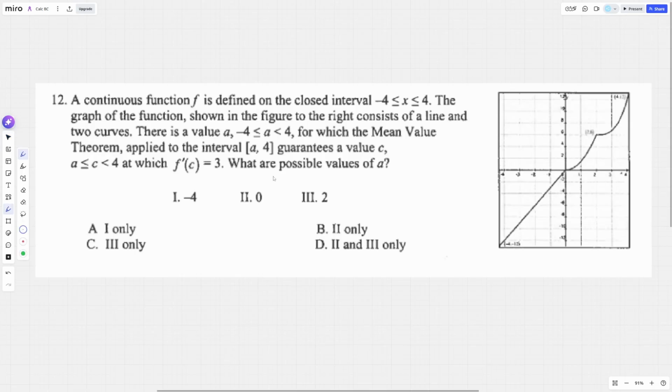So the mean value theorem only works when the graph is continuous for the whole interval and differentiable for the whole interval. So with these conditions, we're going to test out possible x values.